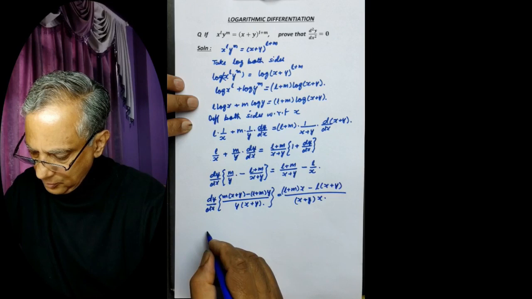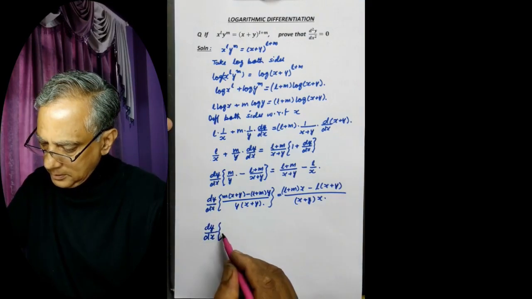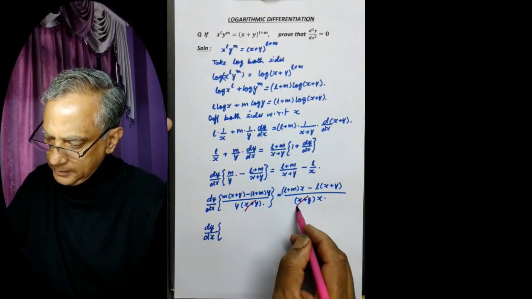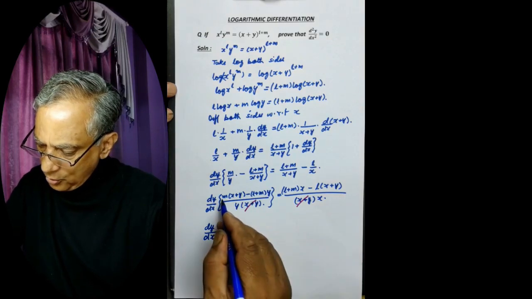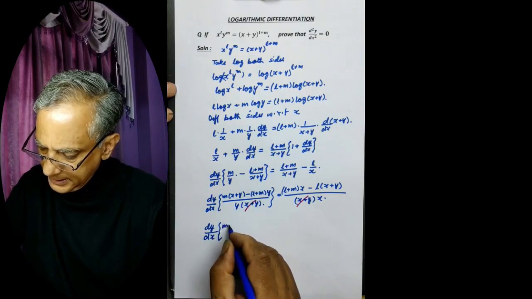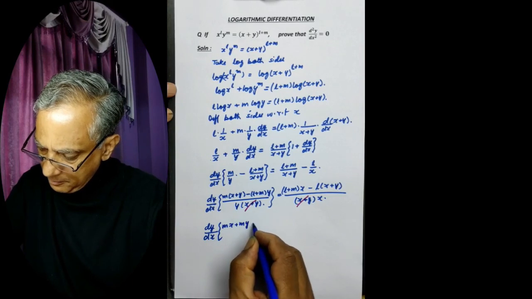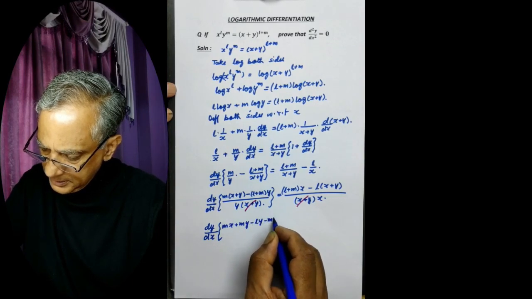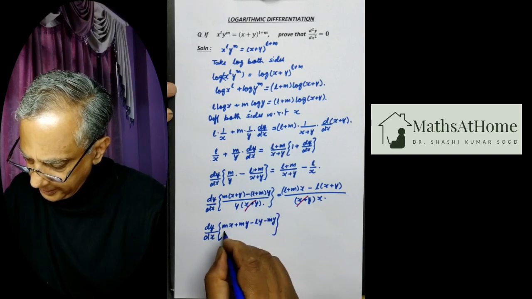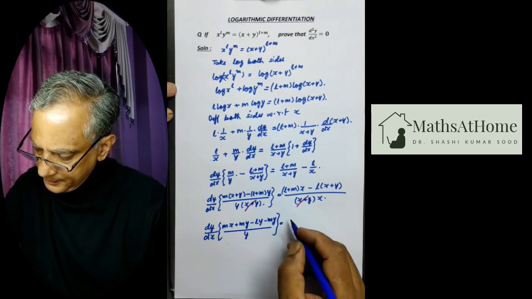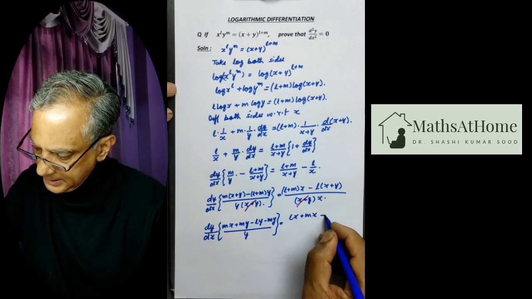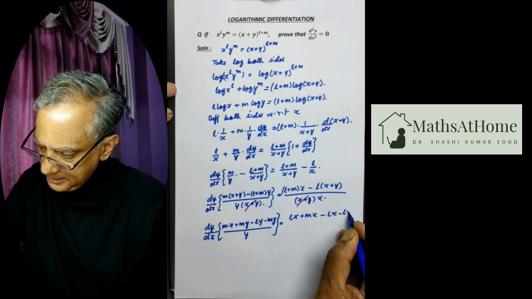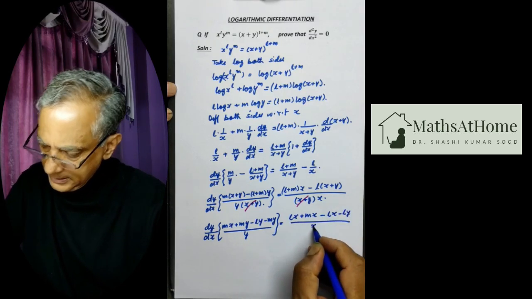So this is dy by dx. This cancels with this. And we are left with, we will open these brackets. What we get is mx plus my minus ly minus my whole divided by y is equal to lx plus mx minus lx minus ly whole divided by x.